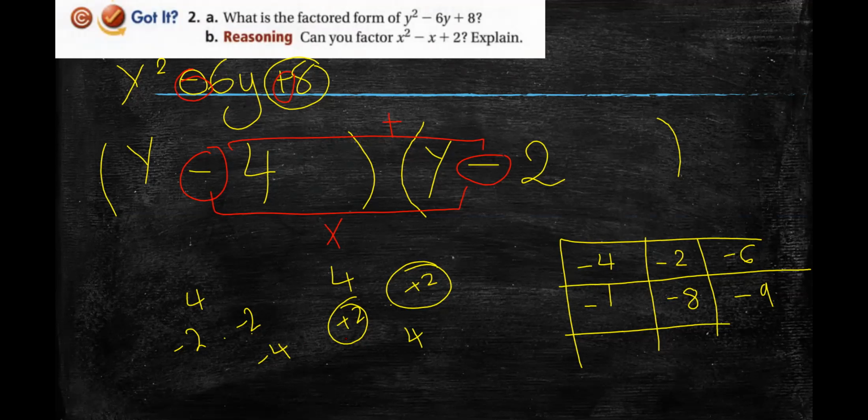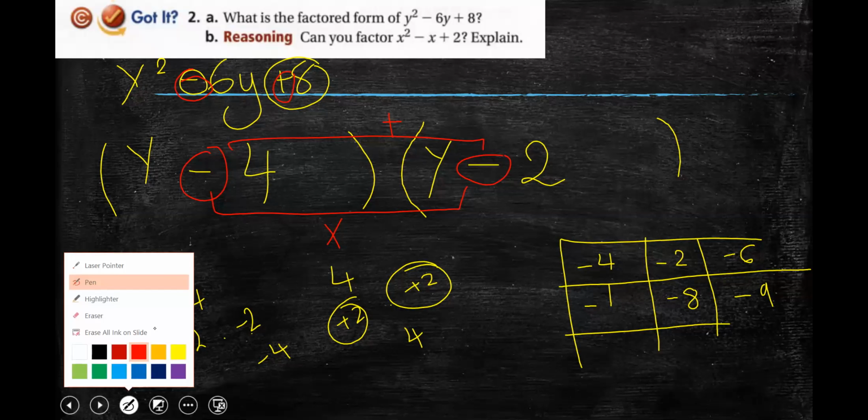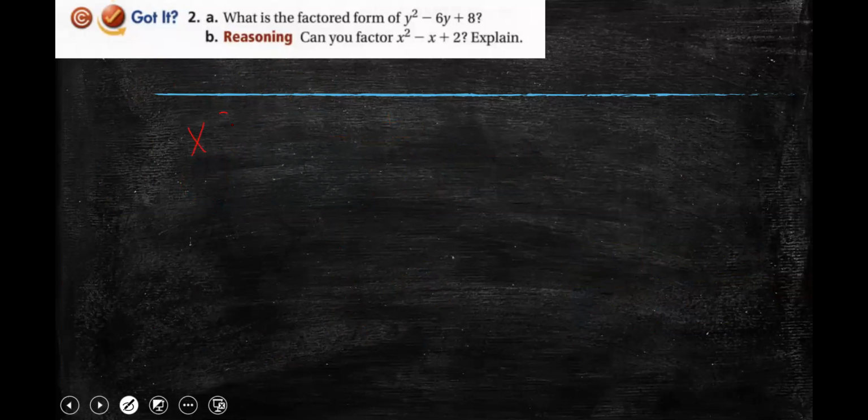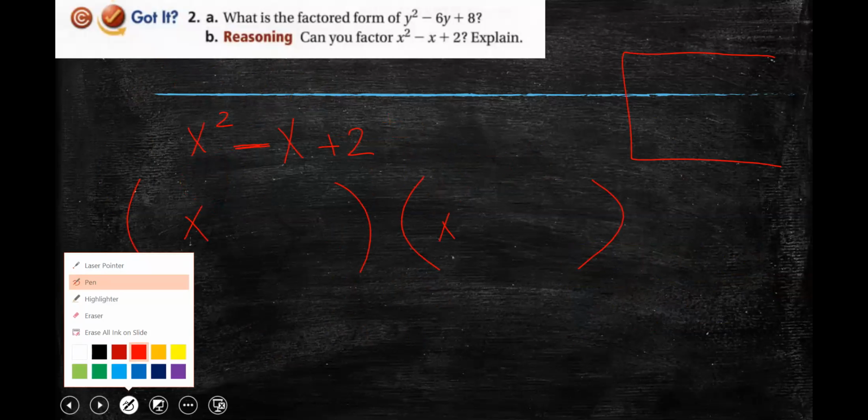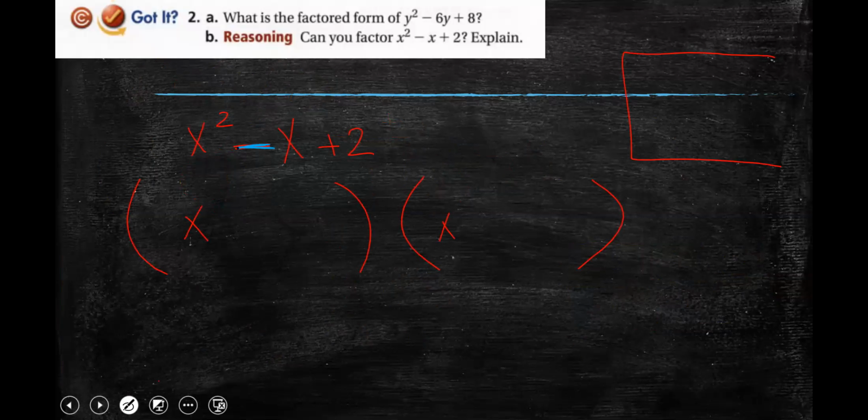Now let's see. Can you factor x squared minus x plus 2? No. Let's see. X squared minus x plus 2. X, X. Now, give me two numbers. First, here we have a negative sign, so I need two numbers that must be minus.